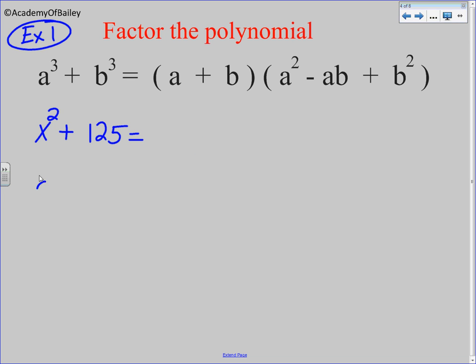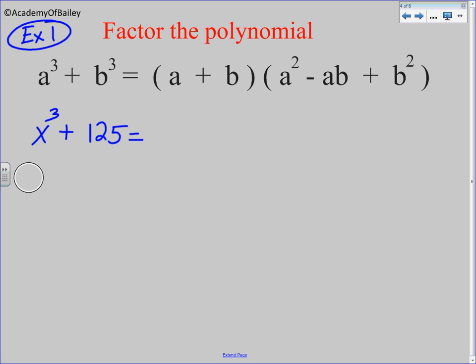So basically, first off, you identify that this is not perfect cubes. That's x squared. That's not a perfect cube. Let me go ahead and change this situation here and make that x cubed. There we go. So is this a perfect cube? Yes. Is 125 a perfect cube? Yes, it is.